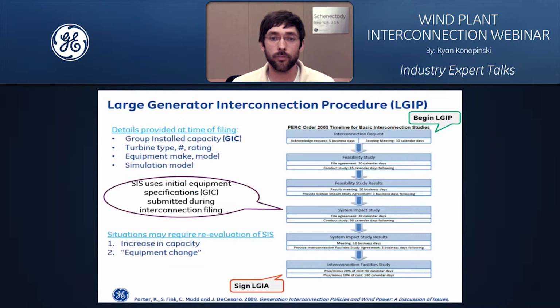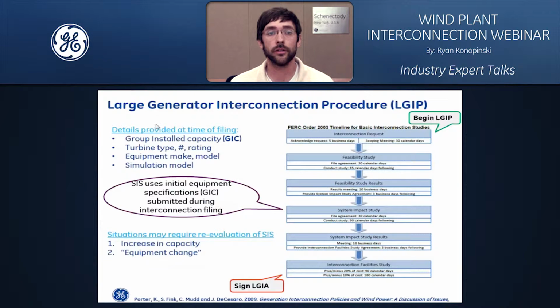During the study process, the system impact study utilizes several bits of information that are provided at the interconnection request. So again, when you begin this interconnection procedure, there's a request and there are some details needed regarding the facility that is planned to be built.